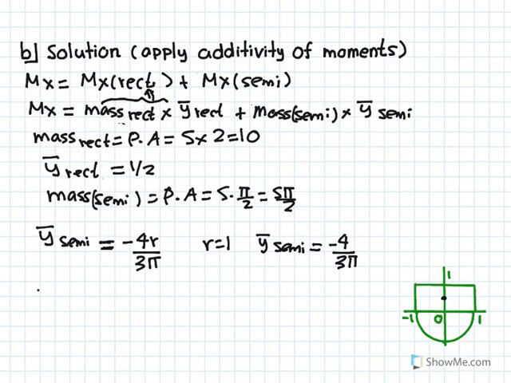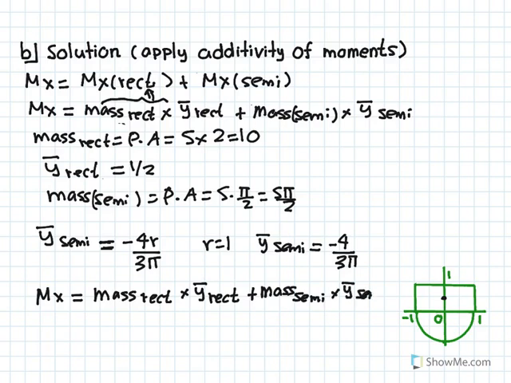All right, so the moment with respect to the x-axis is equal to mass of rectangle times y bar of rectangle plus mass of the semicircle times y bar of semicircle. All these quantities, we have evaluated them. So let's just plug them in.